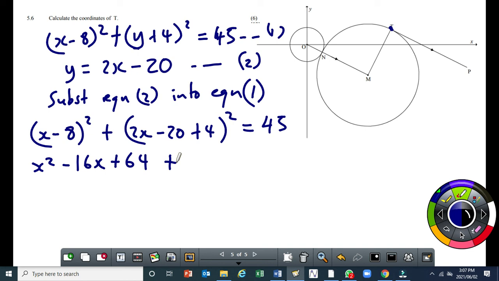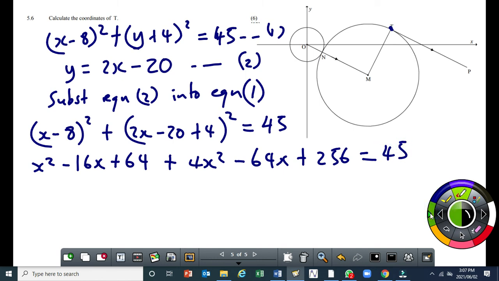So 2x times 2x will give me 4x squared. Minus, 16 times 16 gives me 256. So 2x times 16 will give me 32, so I will end up having minus 64x plus 256. That's equal to 45.